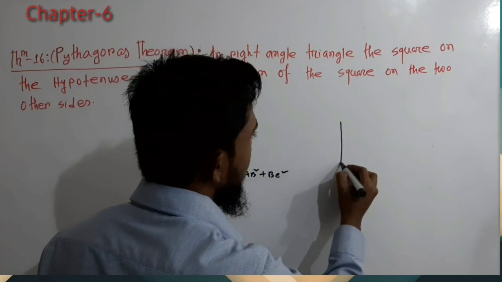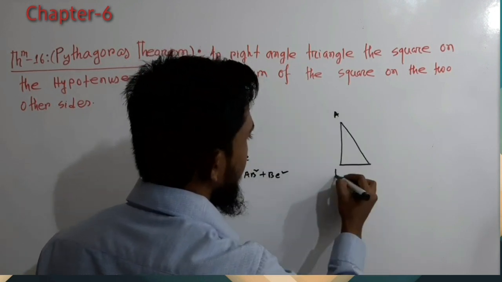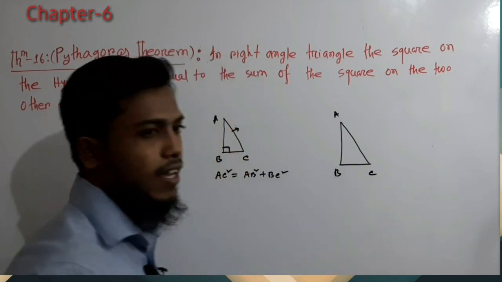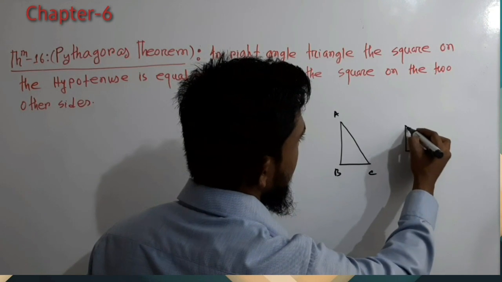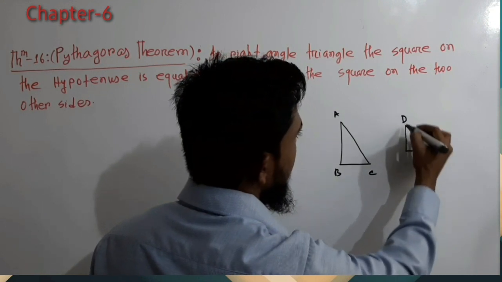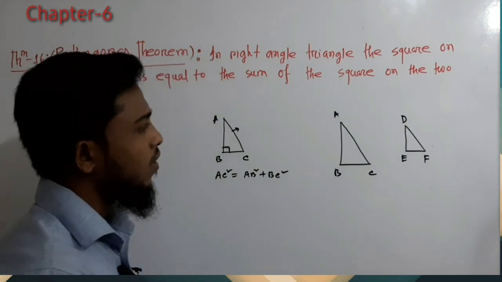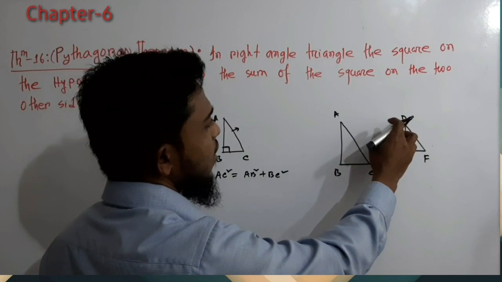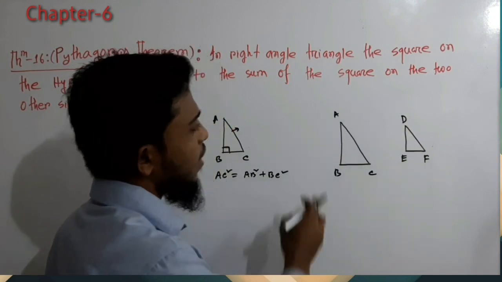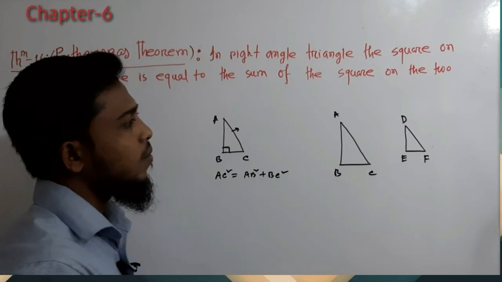Dear student, here ABC is a triangle and DEF is another triangle. This triangle ABC and this triangle DEF.